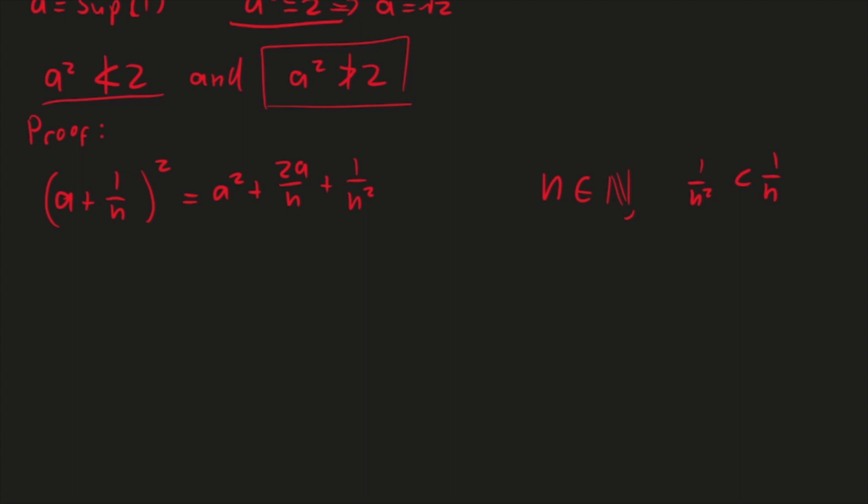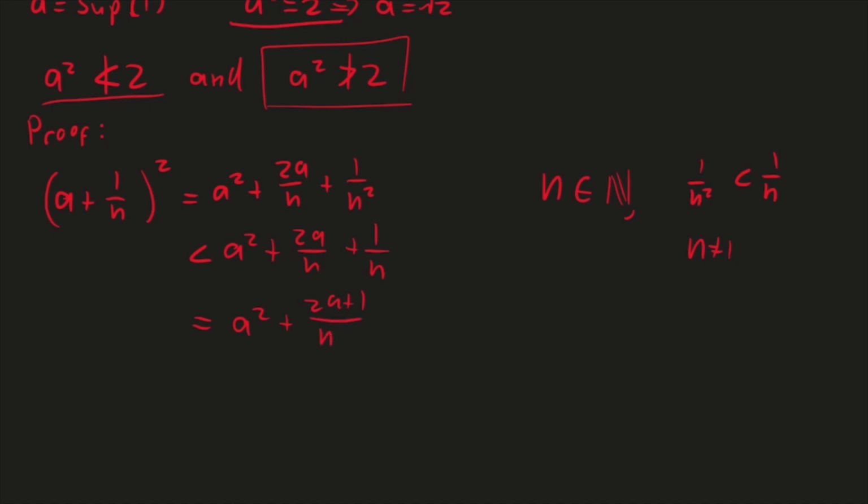Well, it's technically less than or equal to, but we'll assume n is not equal to 1, so that this holds. So this thing is less than a squared plus 2a over n plus 1 over n, which is equal to a squared plus (2a plus 1) over n.